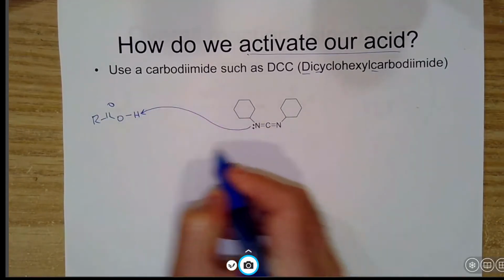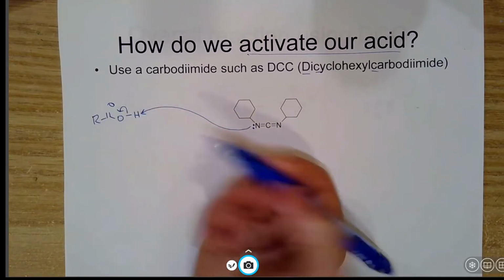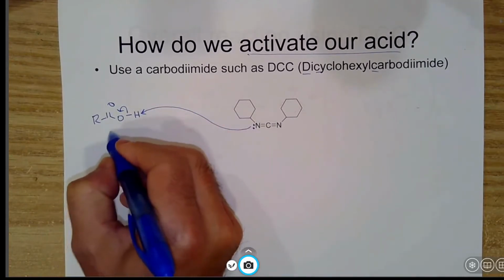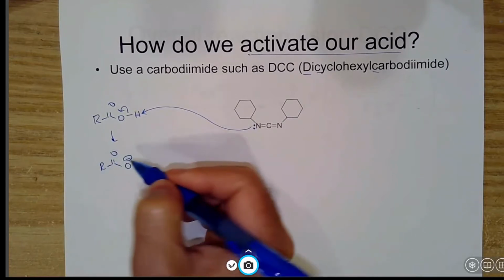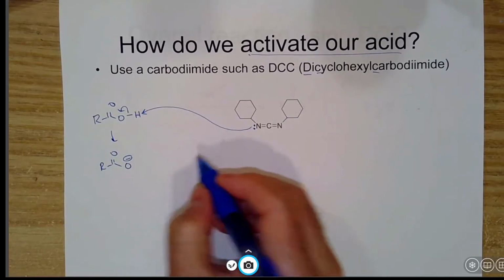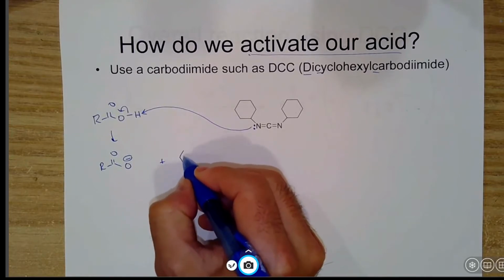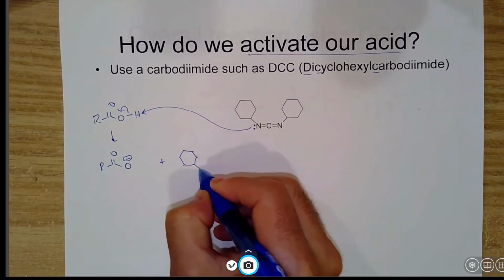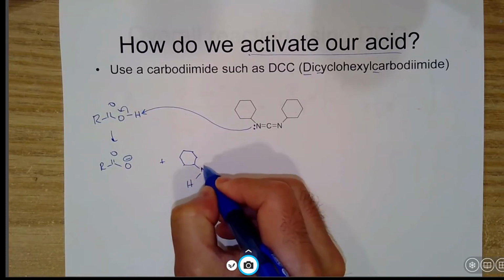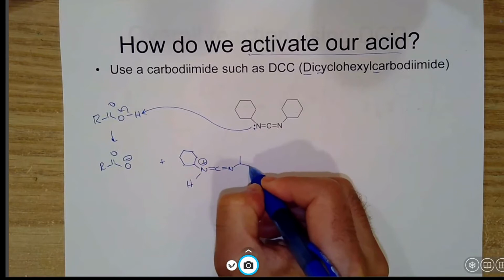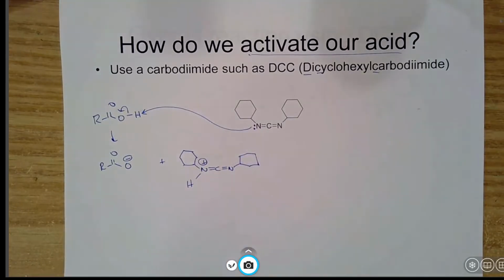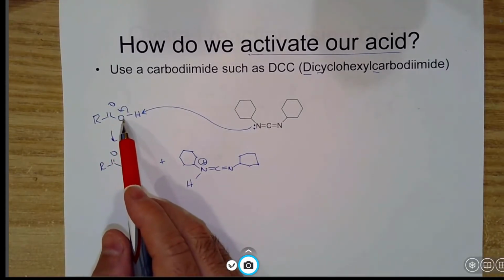The nitrogen electrons on DCC are going to come and remove that proton, and you're going to be left with a carboxylate and a protonated form of DCC.